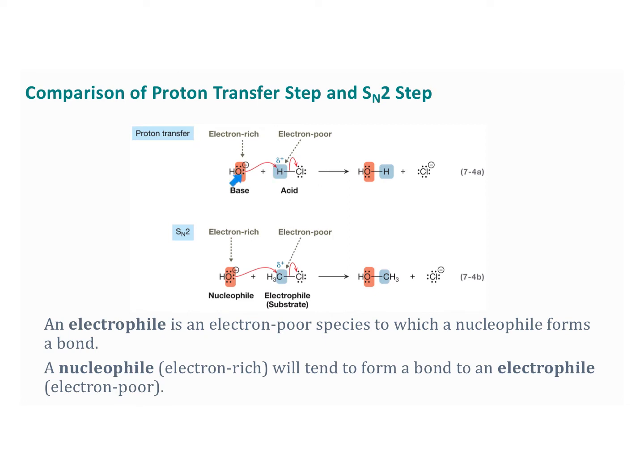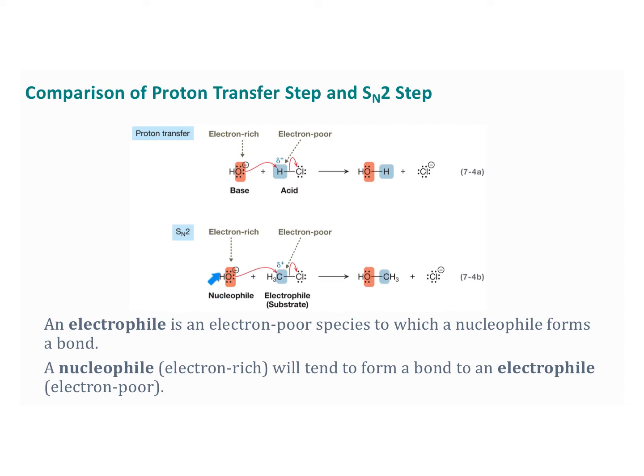And it's showing here, right, this initial bond is going to form here, and then this bond breaks, and these electrons go on the chlorine here. In the proton transfer step, the electron-poor species acts as an acid, because it's going to donate a proton.